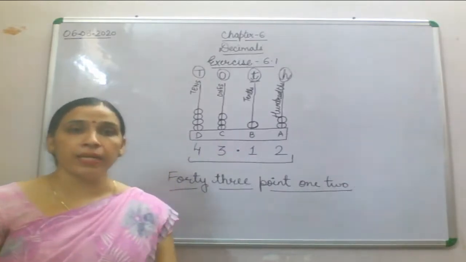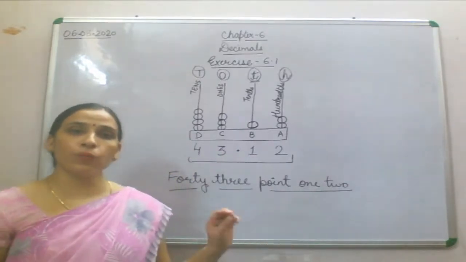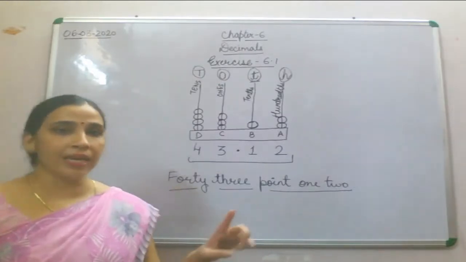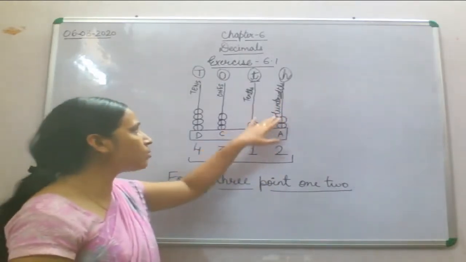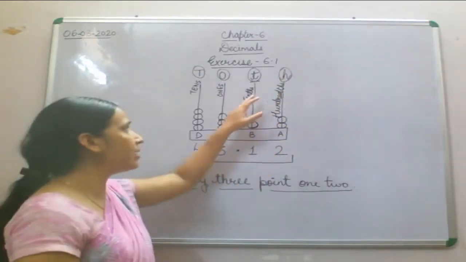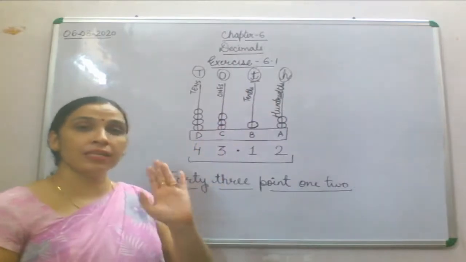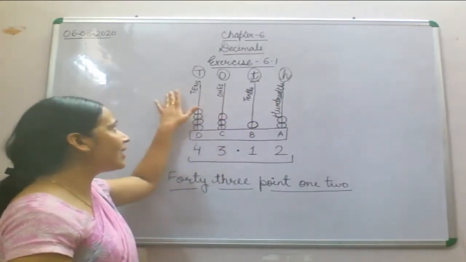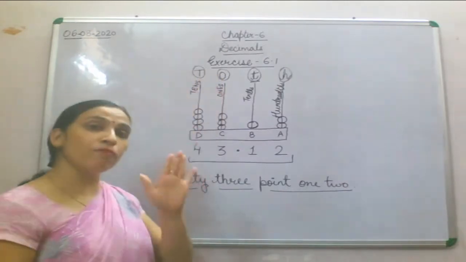So what we have done in this question is how to represent a decimal number on the abacus. We have taken one abacus in which we have 4 spikes. The first spike A represents your hundredths place, which is after the decimal, then your tenths place, the first place after the decimal, then your ones and then tens before the decimal.